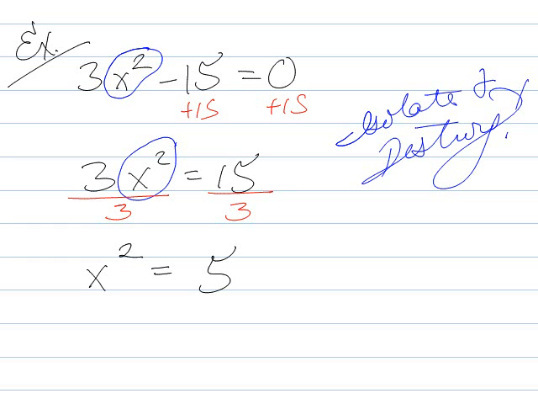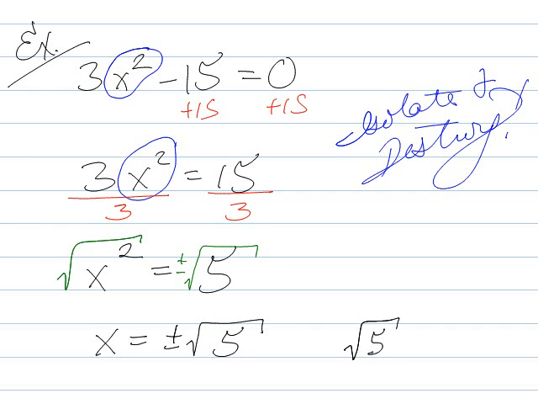How do I get rid of an x squared? I'll take the square root of it. I take the square root of both sides and stick my little plus or minus right in front. So now I've got x equals plus or minus the square root of 5. And honestly, that's my answer. Your answers are square root of 5 and negative square root of 5.